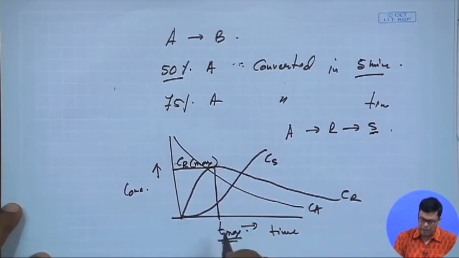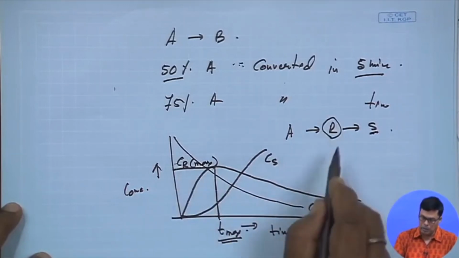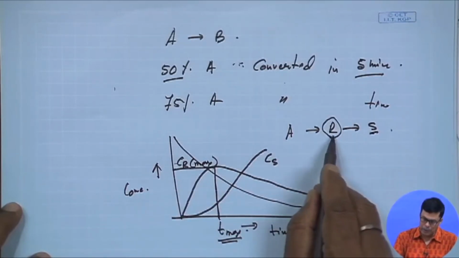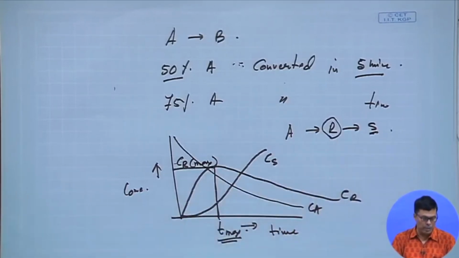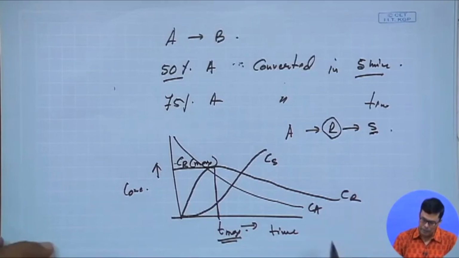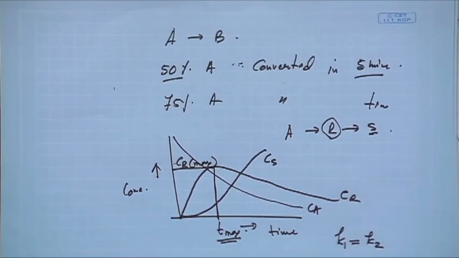Tmax is the time at which R, the intermediate product concentration, will be maximum. So this problem deals with that, and at the same time they mention what will happen when K1 equals K2. Now let us see how we have solved this problem.